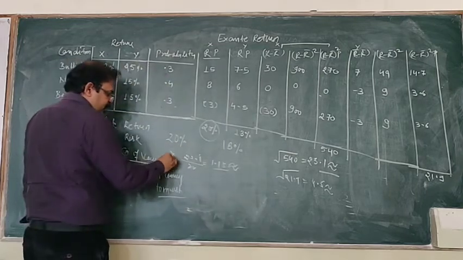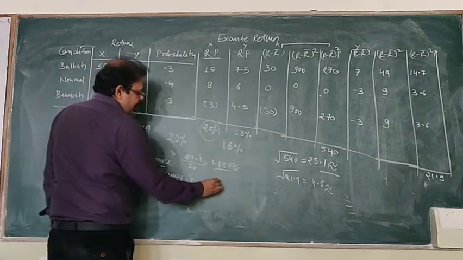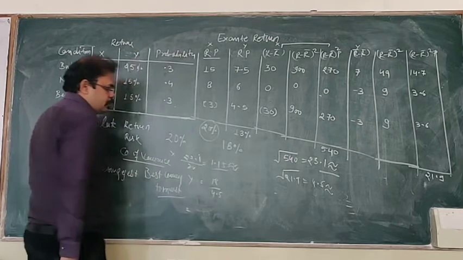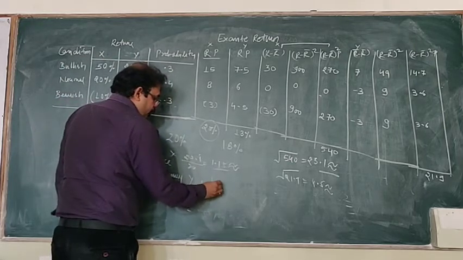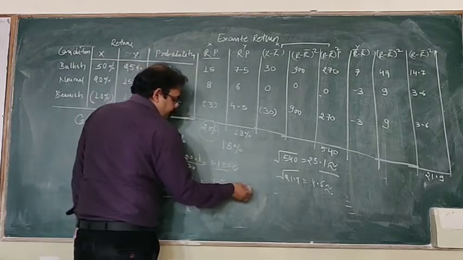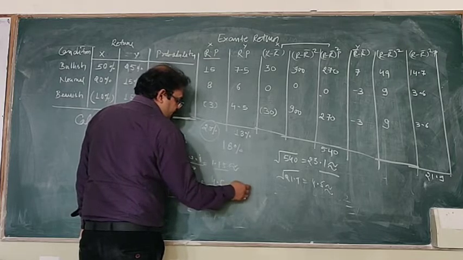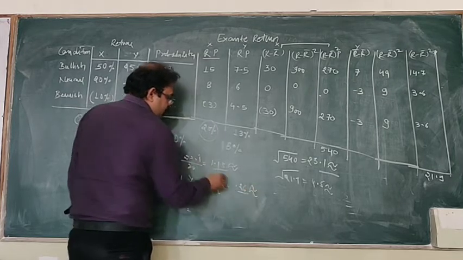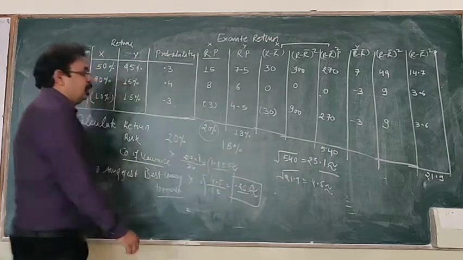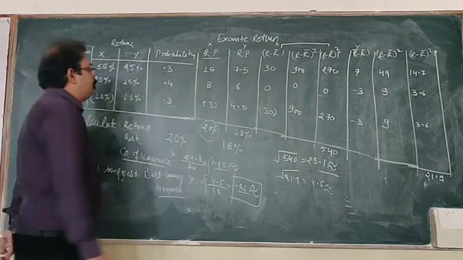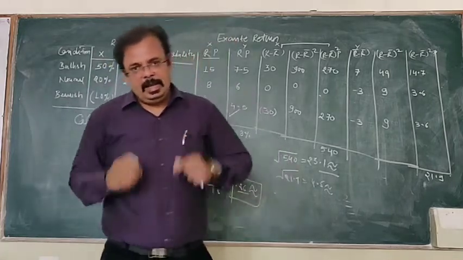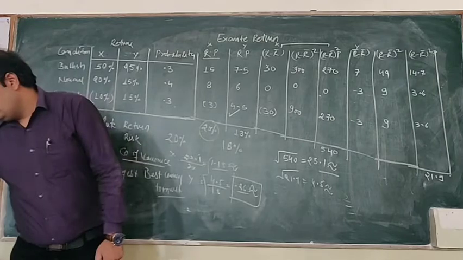And for Y, 4.5 upon 18, so that value is 0.25 approx. So this is much lesser. Hence, as per investor perspective, will prefer to go with the Y company because Y is more consistent than the X. I hope there is no doubt.